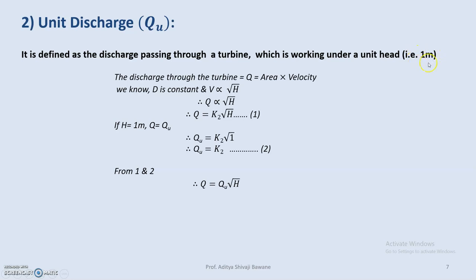When H equal to 1 meter, discharge becomes unit discharge, so Qu equal to K2. Substituting, Q equal to Qu under root of H. The final equation becomes unit discharge equal to Q by under root of H, equal to Q1 by under root of H1, equal to Q2 by under root of H2, and so on.